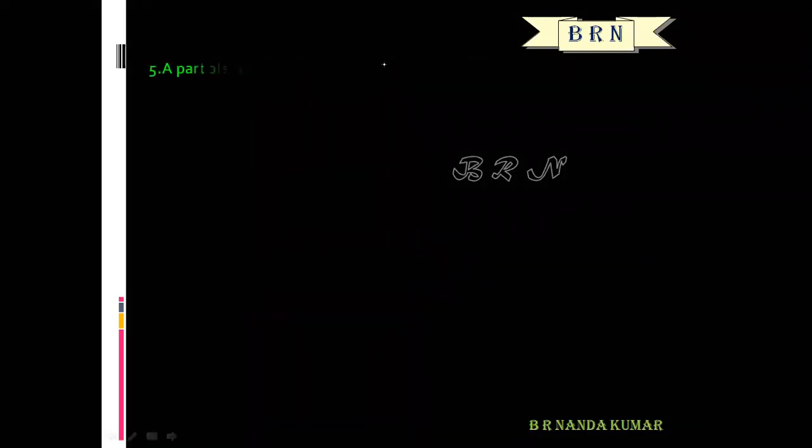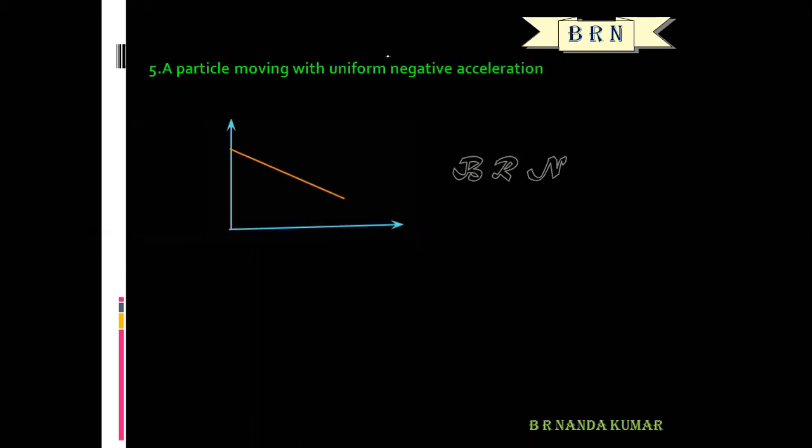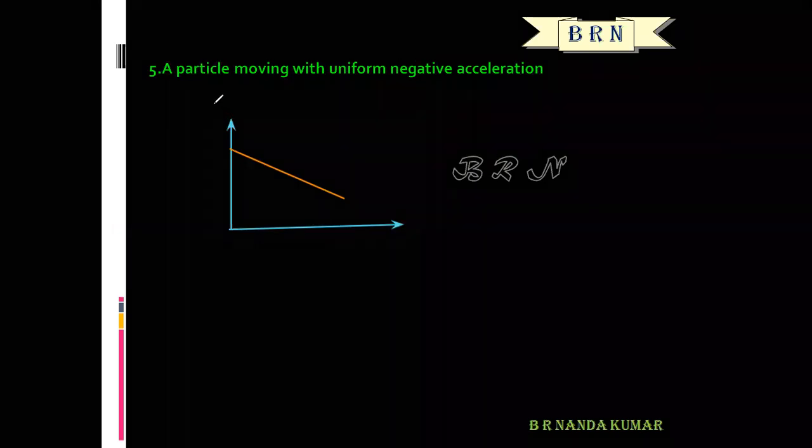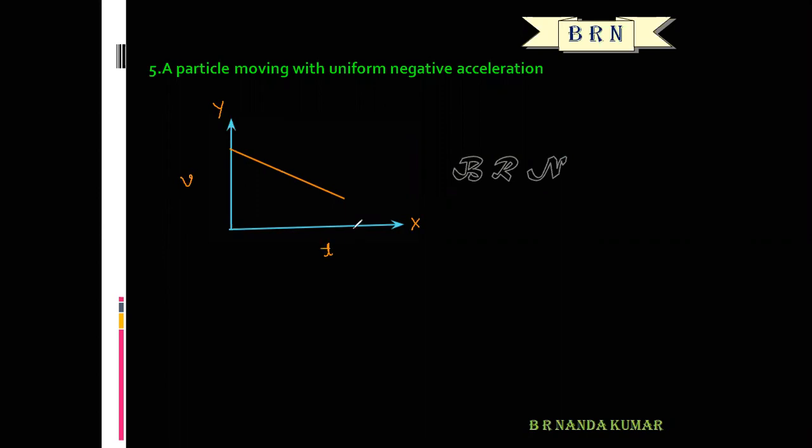So the next graph, a particle moving with uniform negative acceleration. Again, let us consider the VT graph. Velocity is taken along the y-axis, time is taken along the x-axis.